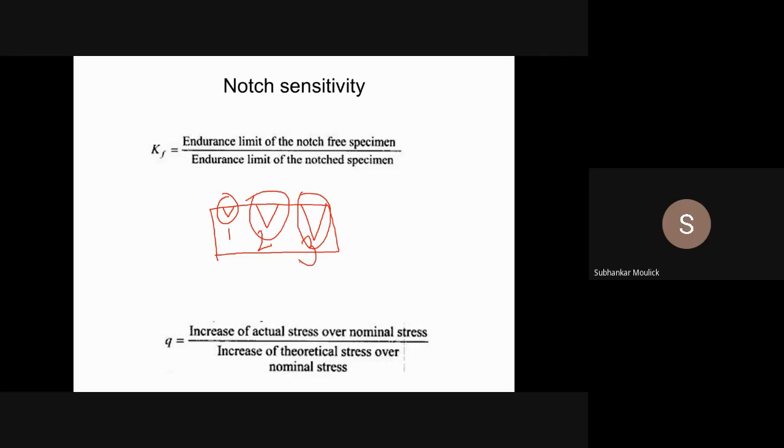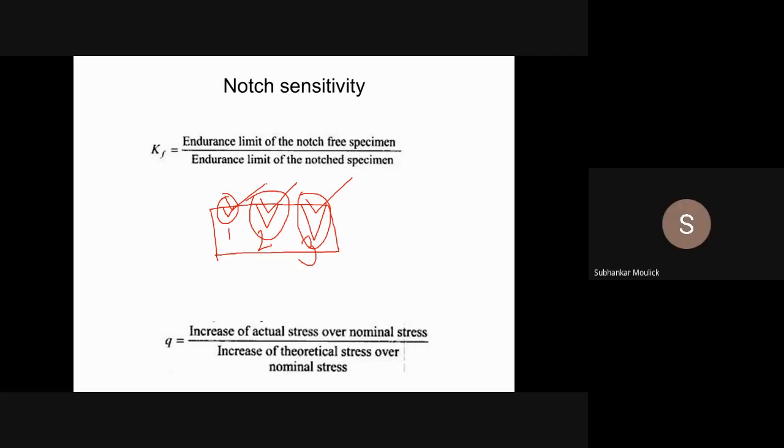That means in fatigue, the component has a tendency to break down quickly near the region of notch 3. That means notch 3 is much more sensitive than notch 2 and then notch 1. Is it clear? Sir, so basically notch sensitivity is how easily the notch undergoes fatigue failure. Yes, but that will depend.